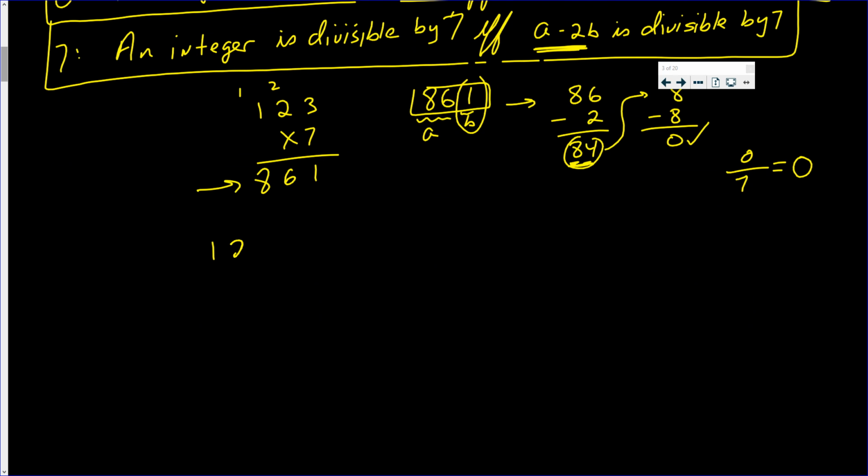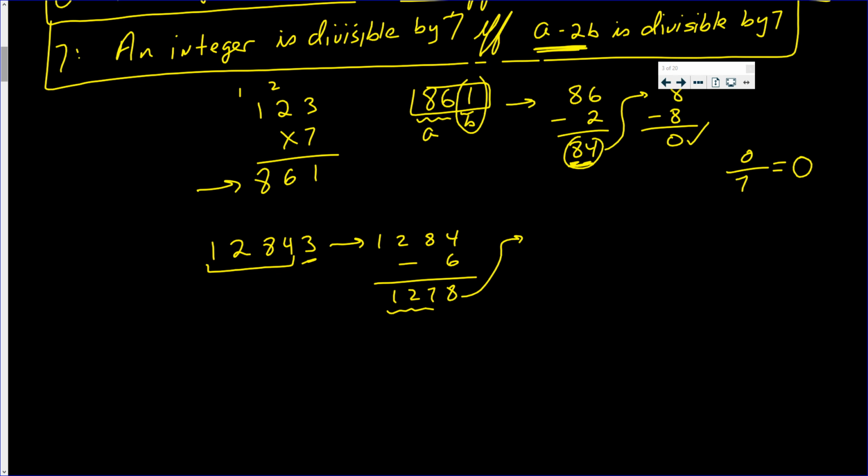If I give you 12843, well, this is A, 1284, and I take away 2 times 3, and I get 1278. If you know if 7 goes into that number, wonderful. If you don't, just take the A part and take away 2 times 8, which is 16.